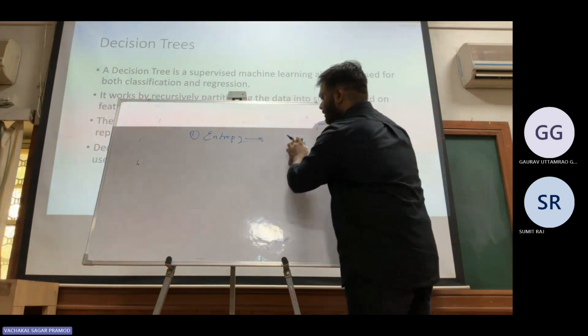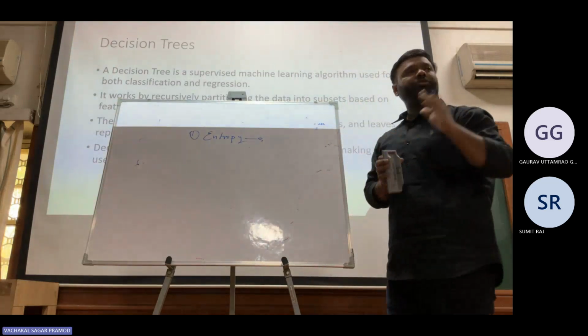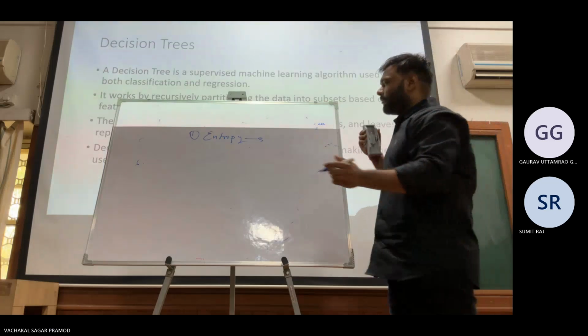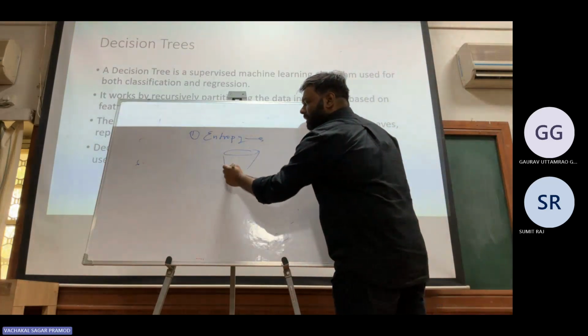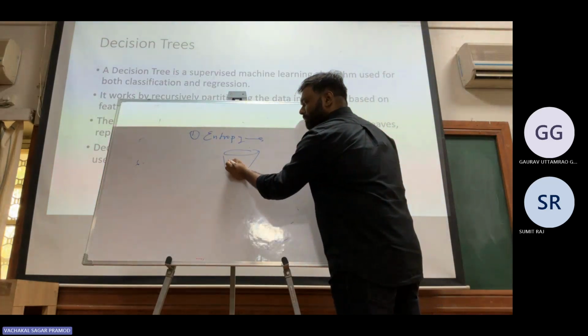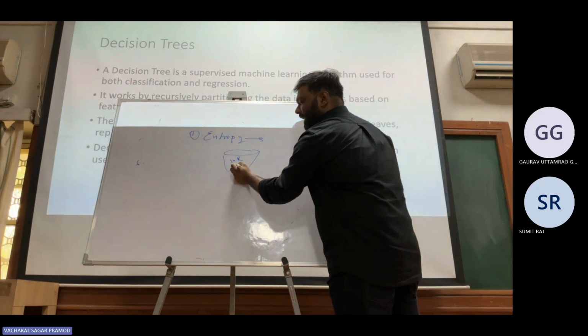Suppose initially I am building a solution where I need to divide the data into red, green, blue. Initially, your very first bucket contains everything. Just take two classes as an example: it contains 10 red and 10 blue.